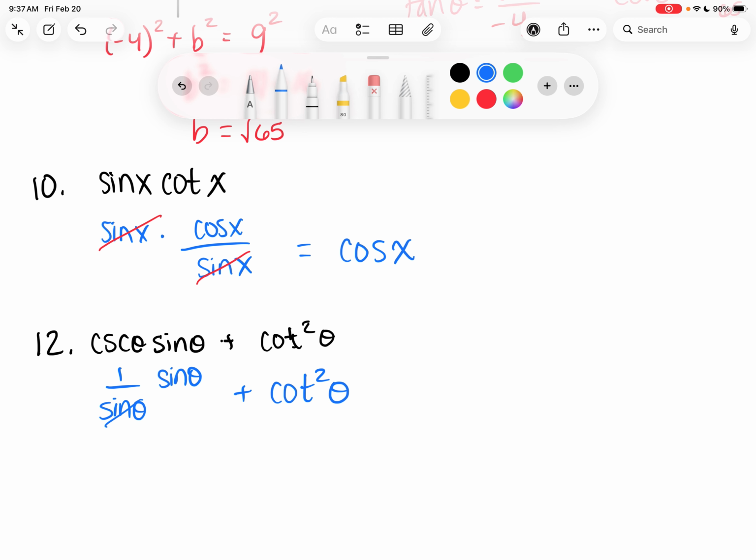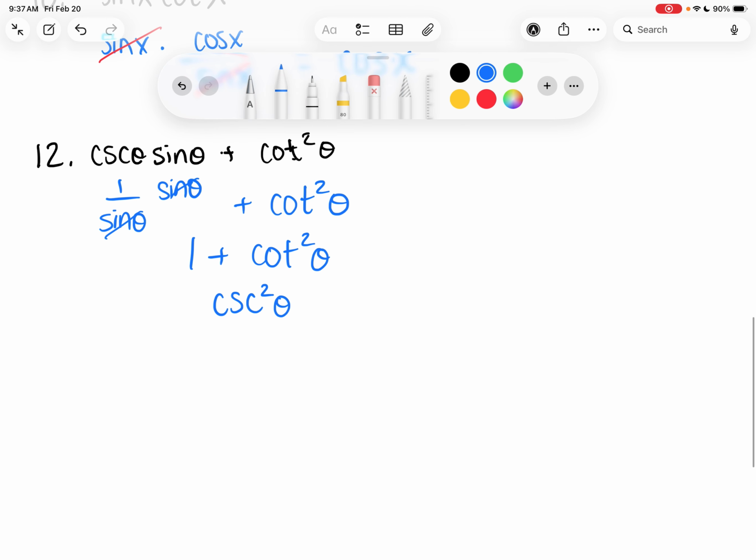So the sines cancel, and I now have 1 plus cotangent squared of theta. Then I look at my Pythagorean identities and ask, is this one of them? Yep, 1 plus cotangent squared is cosecant squared of theta. And then you'd be done with that one.